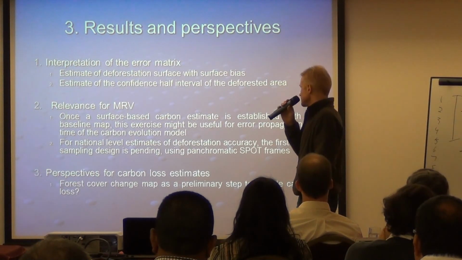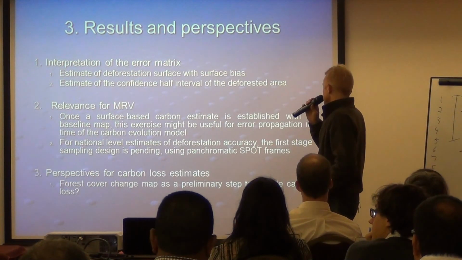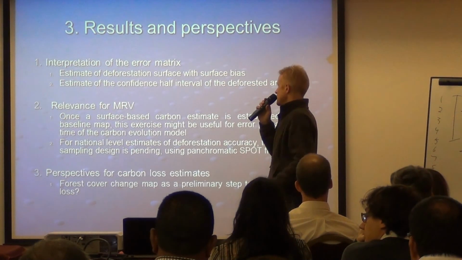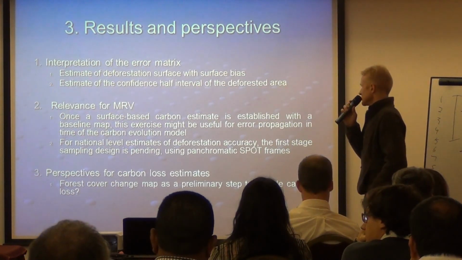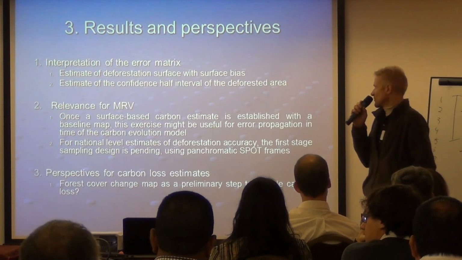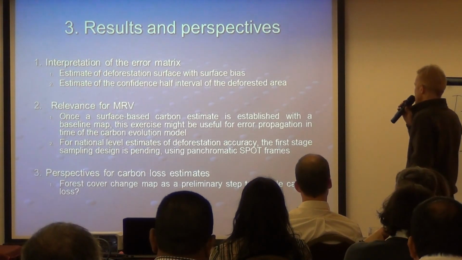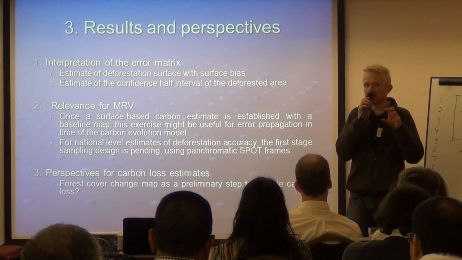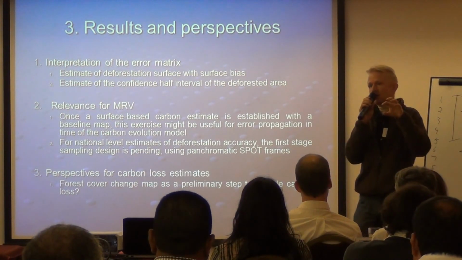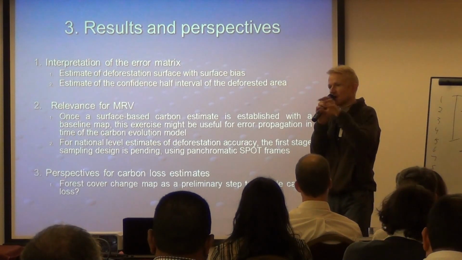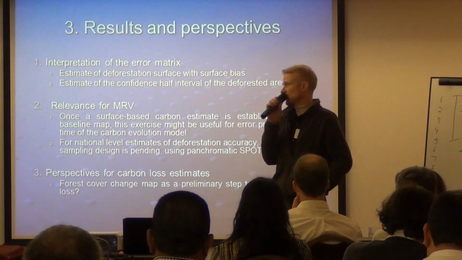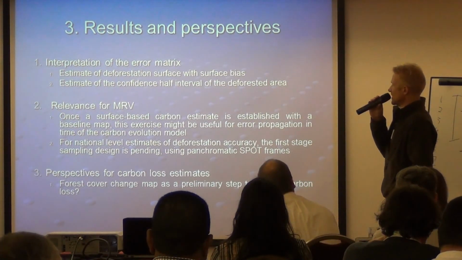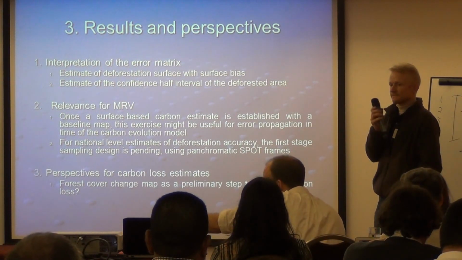And finally, is a forest cover change map a preliminary step potentially to sample carbon loss in the areas where there has been deforestation or has been reforestation. This is the other perspective of this work. This is it.